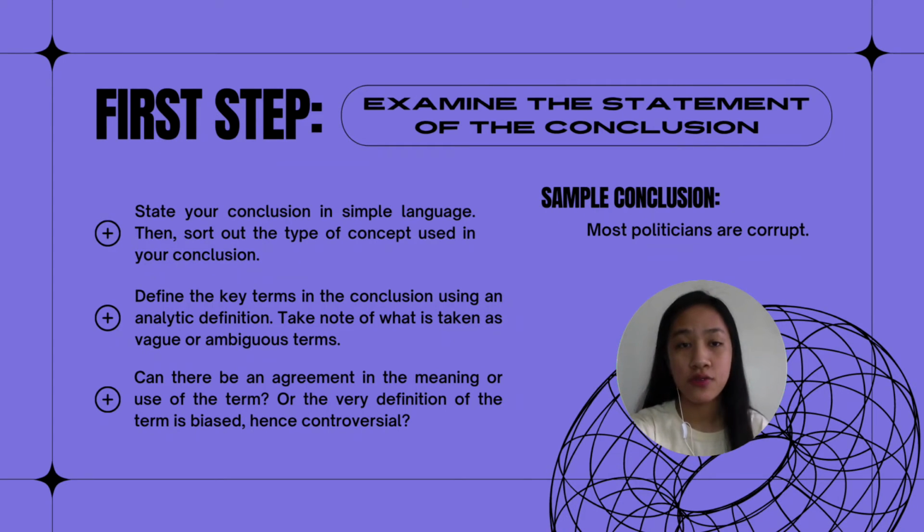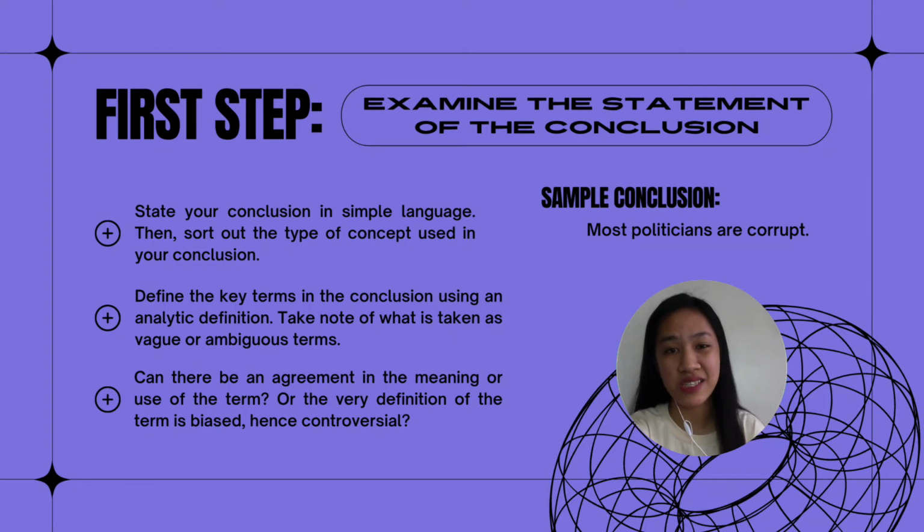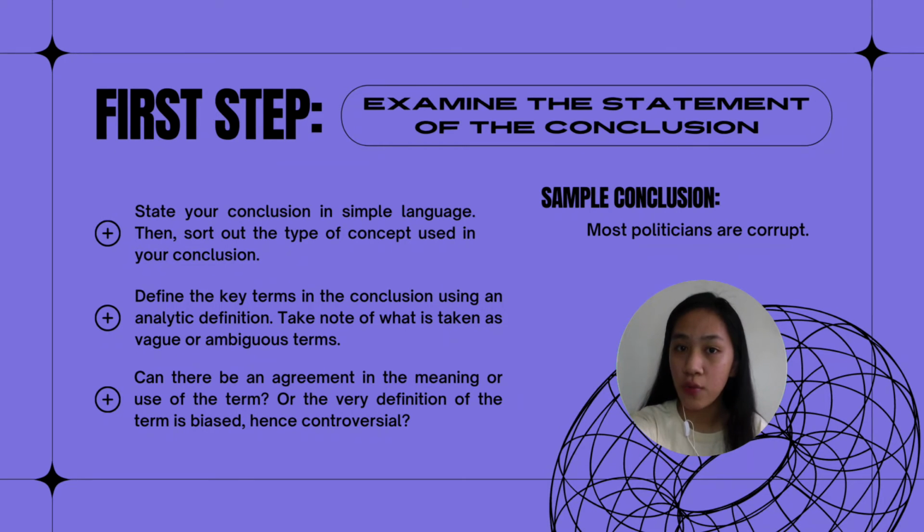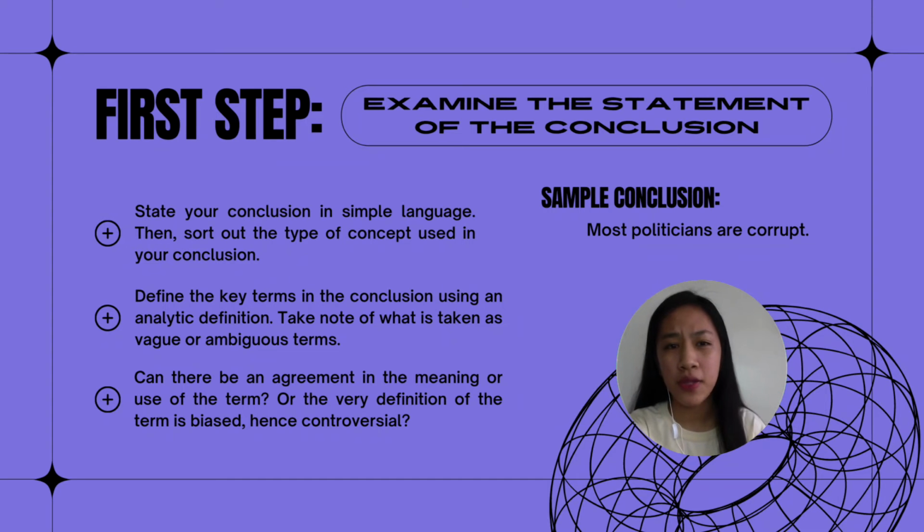Dito sa sample conclusion natin ulit na most politicians are corrupt. According to the standard use of the term, a person is considered a politician if he is running or has run and won any elected position. But paano naman yung mga natalo sa election? Paano yung mga active members ng political party? Politician din ba sila?